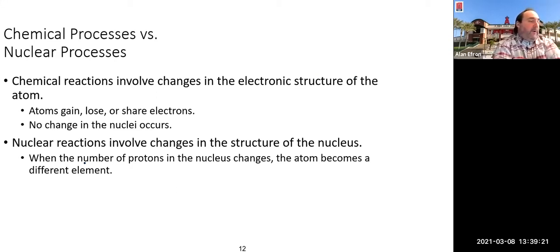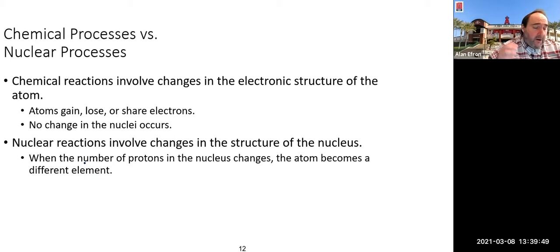If you remember when you talked about bonding in the previous class, ionic bonding and covalent bonding, it's all about electrons, right? Electrons either being transferred or being shared. There's really no change to the nucleus. We never touch any of the protons, the neutrons, or anything like that. And that is very different in nuclear reactions.